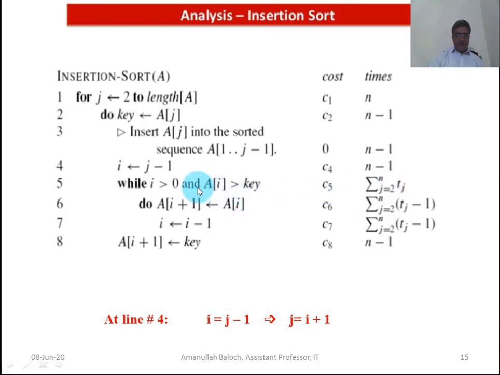While if the test condition is executed j times, then its body will execute 1 less, so each statement of the body of the while loop will execute j minus 1 times. So here we are taking j minus 1 for line number 6 and line number 7. This scenario we will discuss in a later slide in detail.